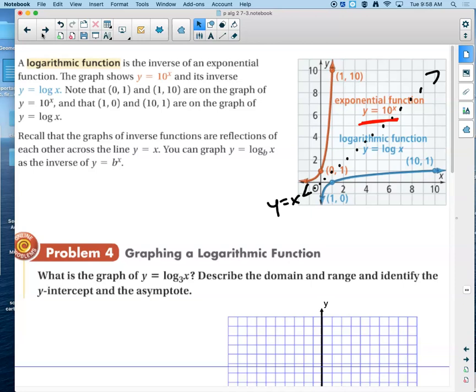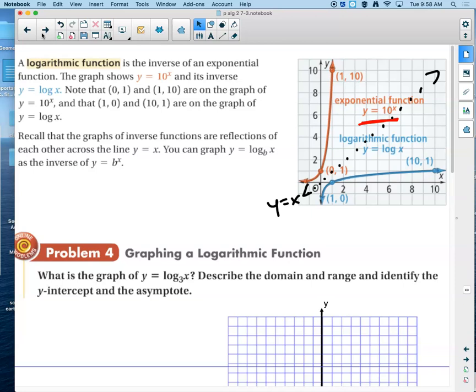Remember, if it doesn't say the base and it's log, it's base 10, our base 10 number system. So note that (0, 1) and (1, 10) are on the graph for 10 to the x. Then it says, note that (1, 0) and (10, 1) are on the graph of y equals logarithm of x. So you switch them.